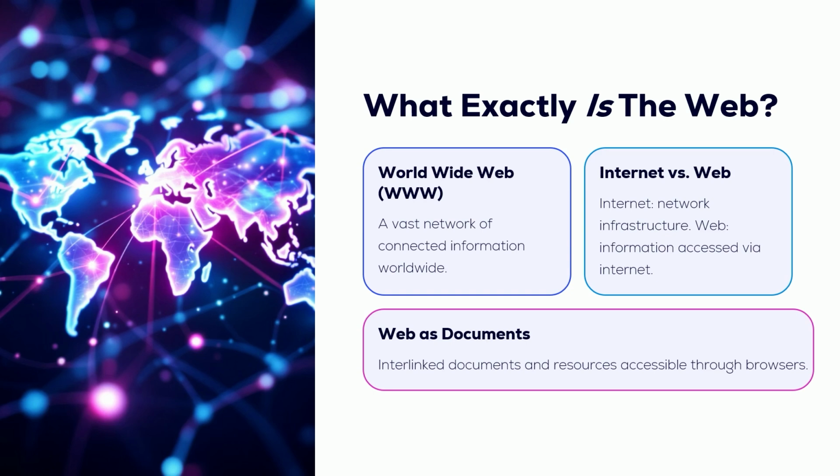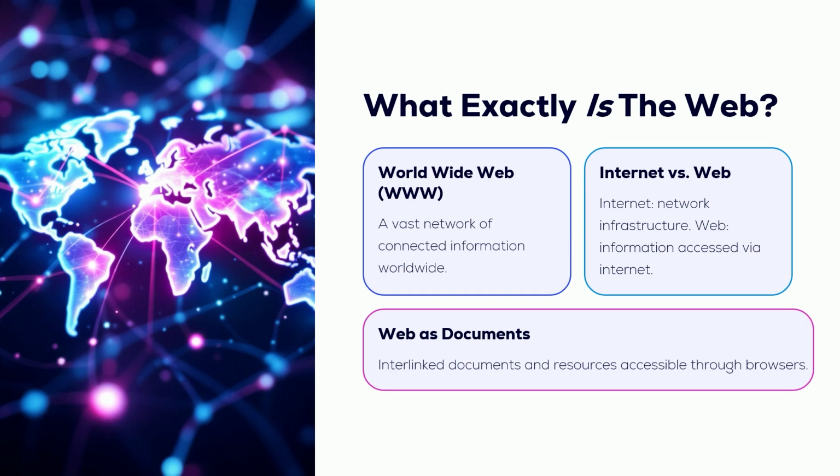A connection of all these entities is what we call the internet. And the information accessed via the internet is what we call the web documents. These are the interlinked documents and resources, accessed through the browsers on the internet.